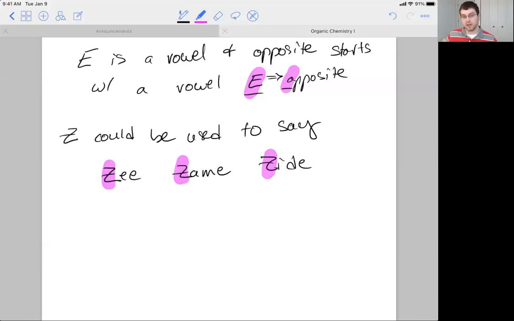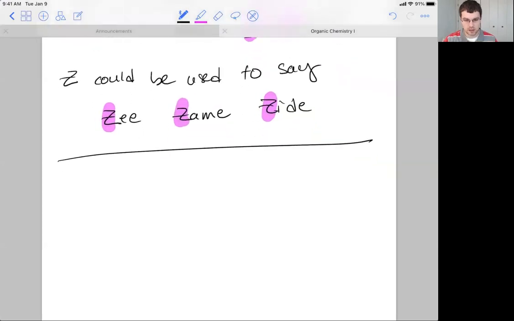All right, so I really like starting with the E and Z approach. It's not the most popular approach, but not for good reasons, and we'll get to that in a second. But E and Z is the best way to label alkene stereoisomers because it works on all alkenes that have stereoisomers.